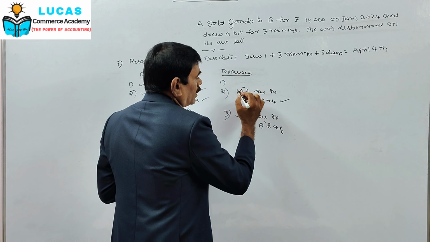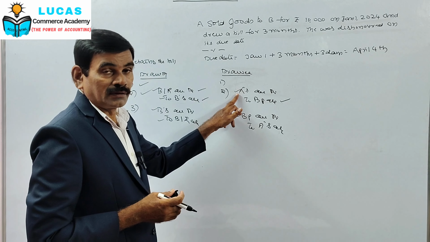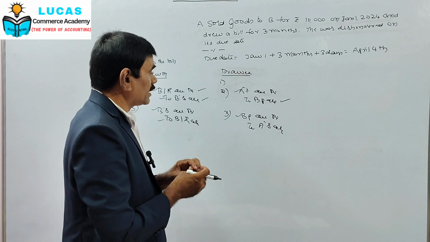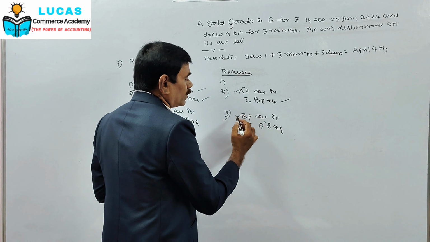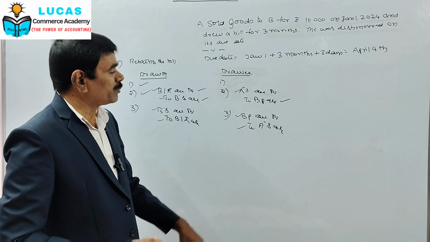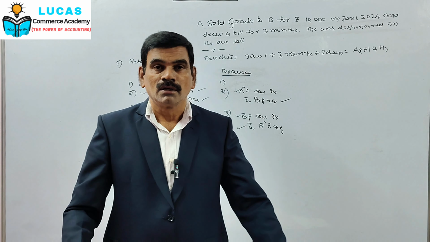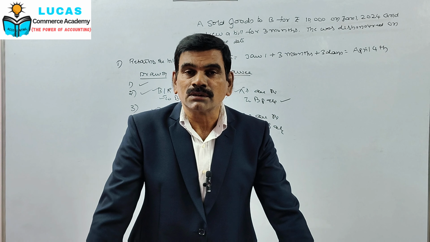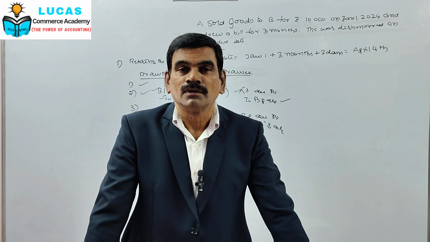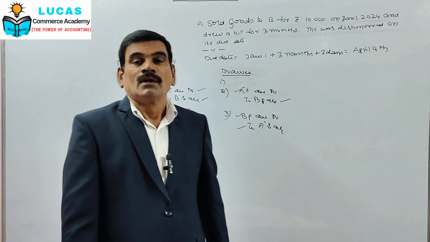A's account was credited previously, so to cancel A's account, we are going to debit A's account. That means bills payable account debit to A's account. So these are the journal entries passed in the books of drawer and drawee.